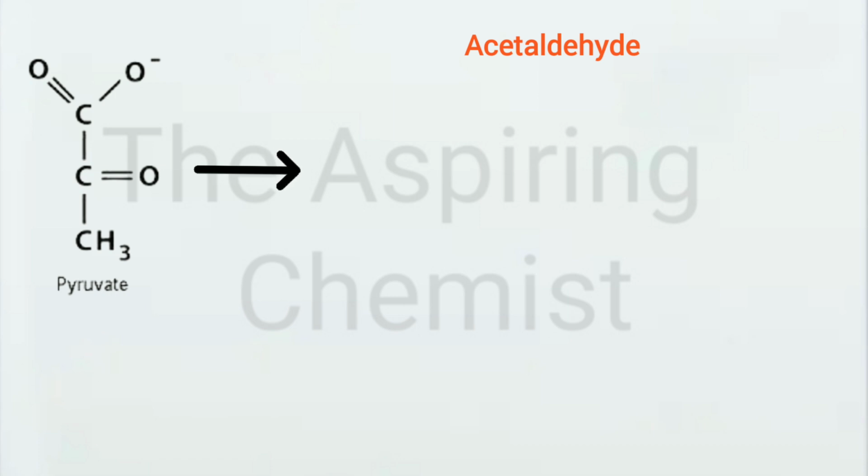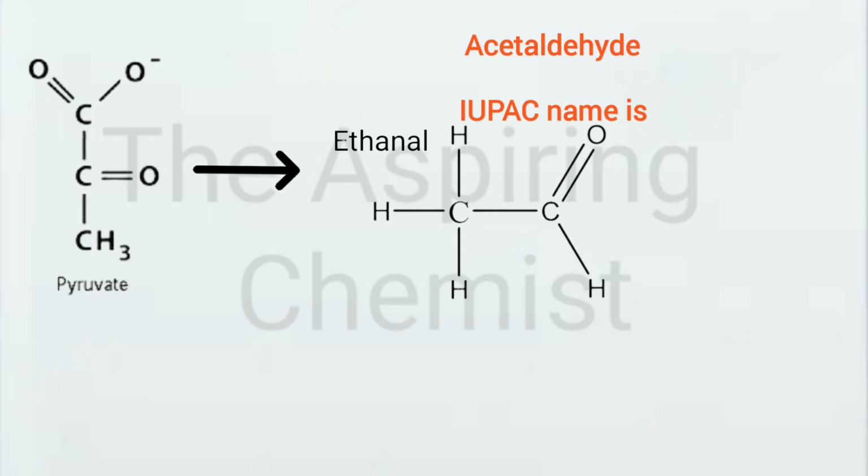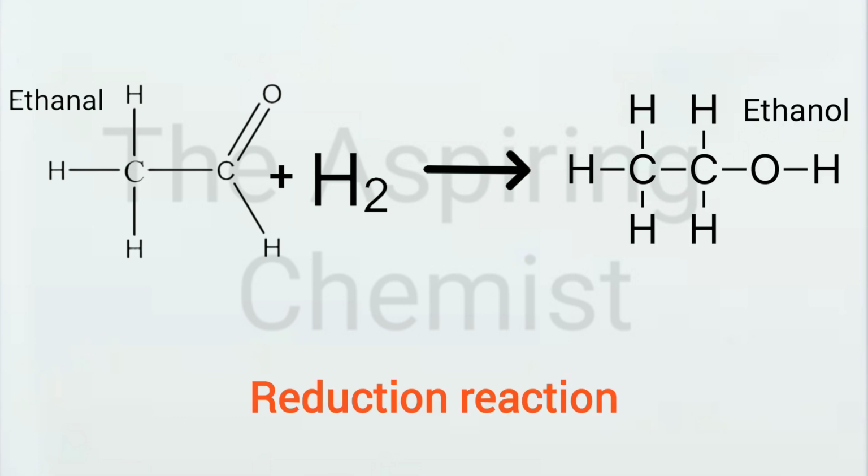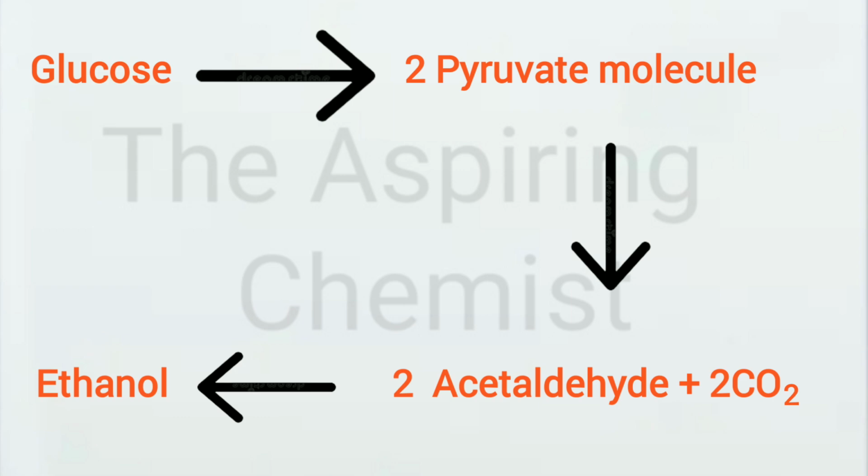Now, the IUPAC name is called ethanal. So, from the pyruvate molecules, we get an acetaldehyde and 2 molecules of carbon dioxide. And then this acetaldehyde is then converted to ethanol. So, it's like 4 processes involved in order to get ethanol.